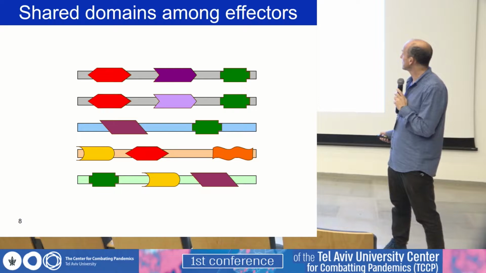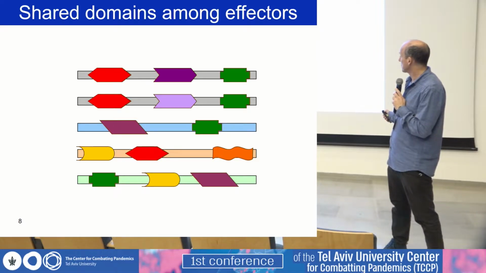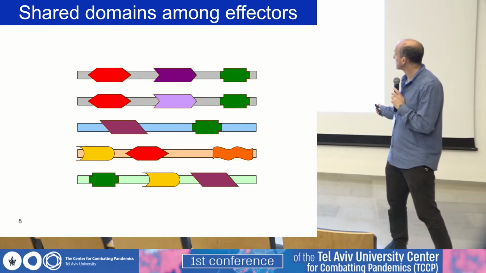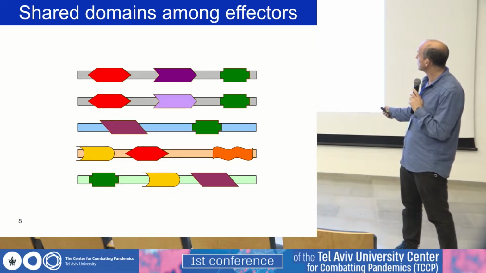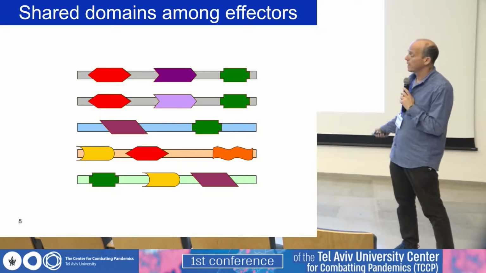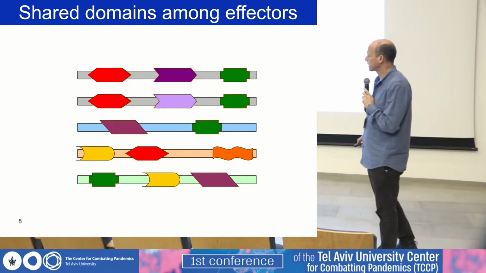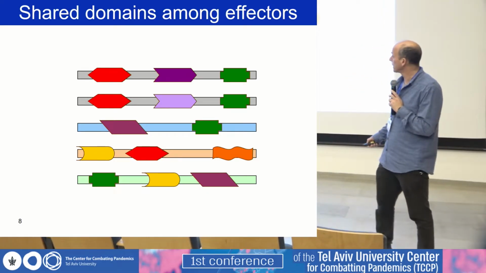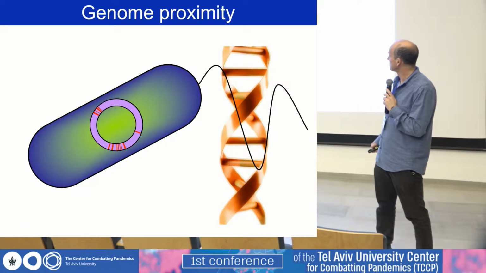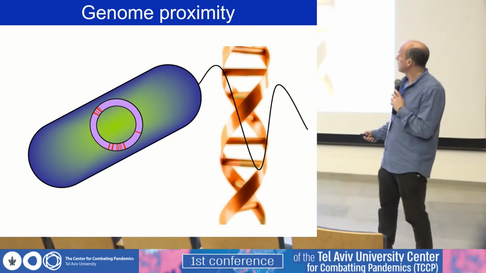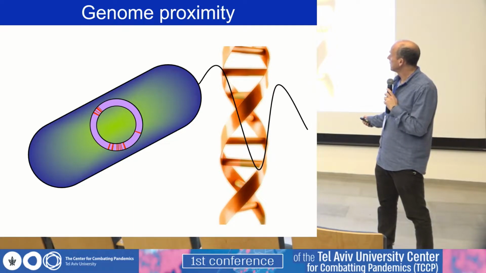So, for example, one thing that actually Gil noticed in type 4, but it's also true for type 3 effector, is that the effectors, many of them share common domain. Not all the effectors have this domain, but if you have domains that are shared between known effector, it's more likely that the protein is an effector itself. Also, the effectors tend to reside in genomic islands in the bacteria.